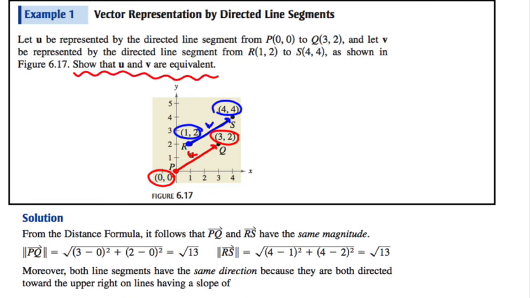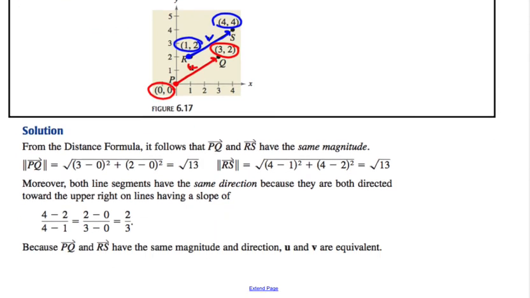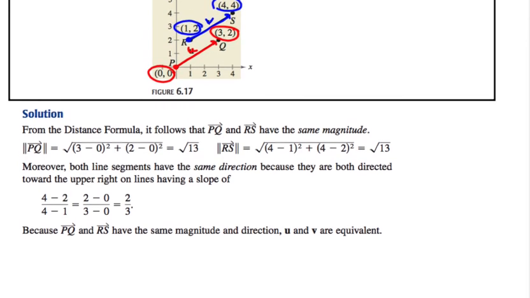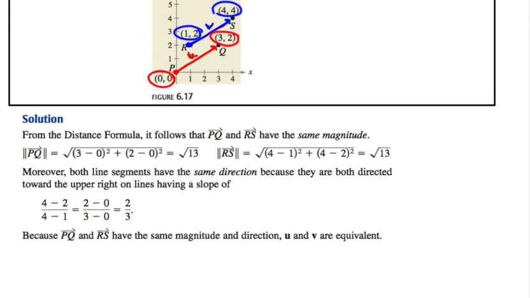So again, you should be writing down this picture and working through it. All right. So in order for these two vectors to be equal, we must show they have the same length and the same direction, which is slope. So let's work through this solution. I'll talk through it and tell you what to write down.